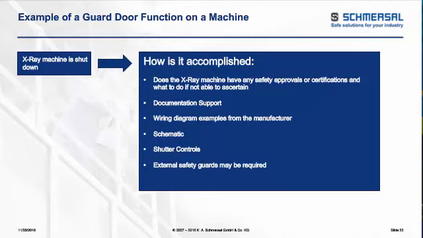You can have an X-ray machine that has something called a shutter inhibit or an interlock inhibit that won't allow the X-ray to fire, or it could be not only an X-ray, but maybe it's a laser marking system or an ultrasonic welding system.